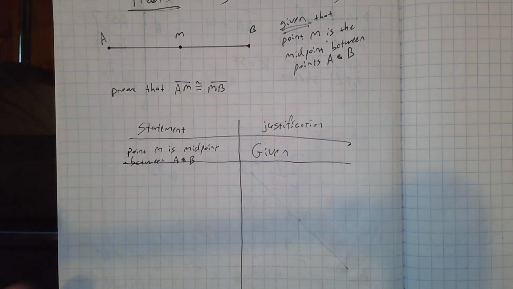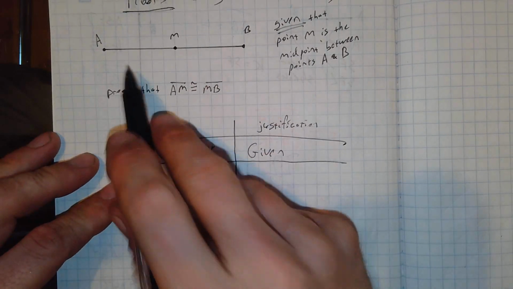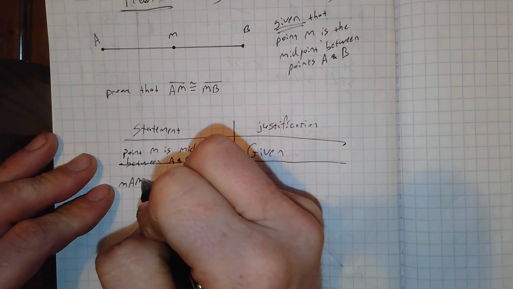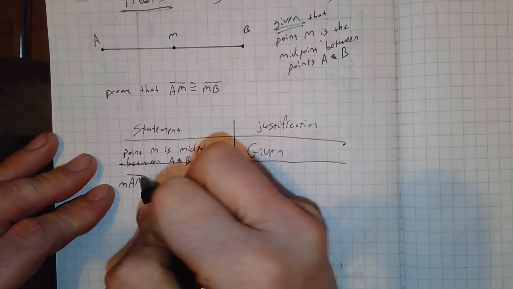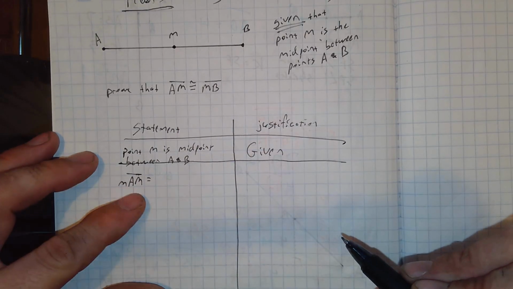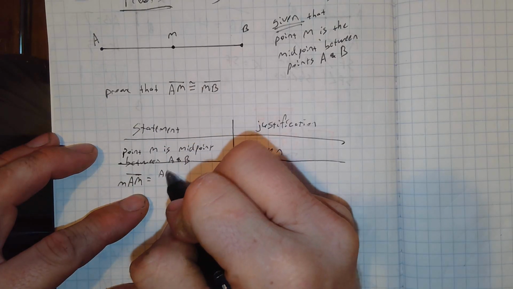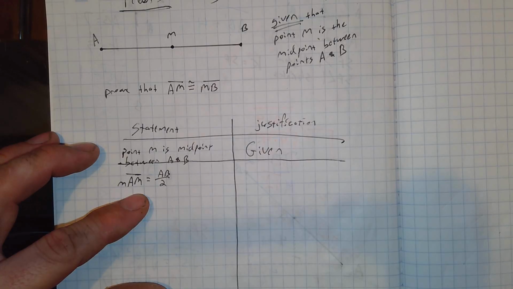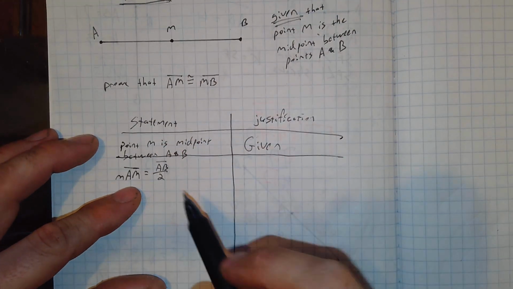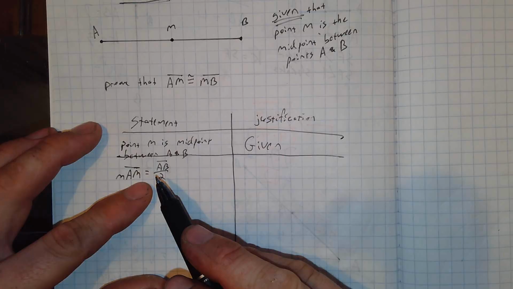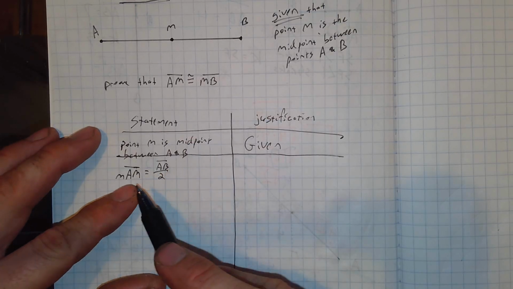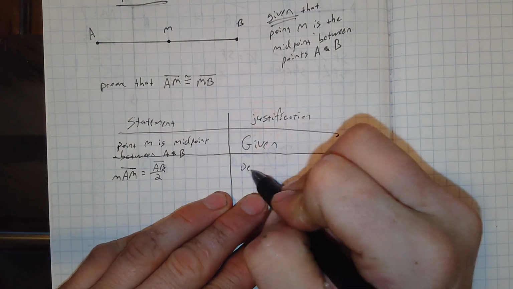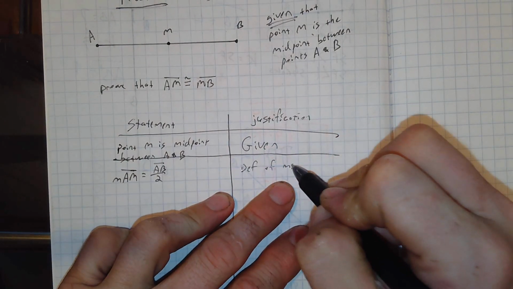Right, so what I'm going to do is I'm going to say that the measure of AM equals AB divided by 2. Okay, so if I take AB and divide it by 2, I get the measure of AM, and that is the definition of a midpoint.